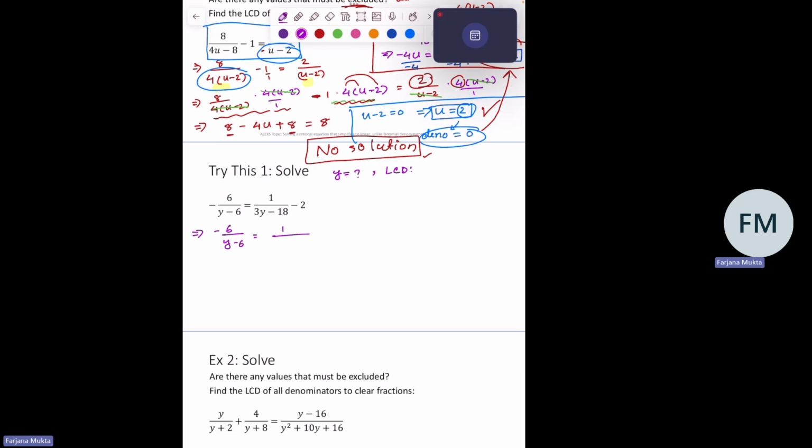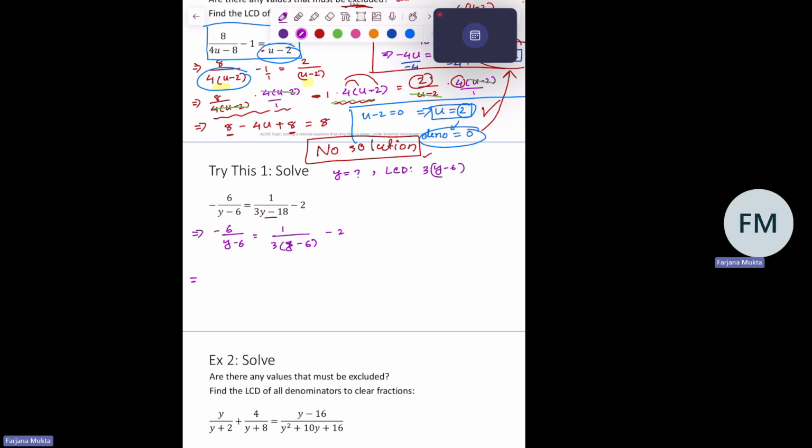Here in this denominator, the greatest common factor is 3. So let's factor out 3. We are left with 3 times y minus 6. So what is the LCD? Looking at all the denominators, y minus 6 is the common factor, and what else? We need to adjust for the 3. So this is our LCD.